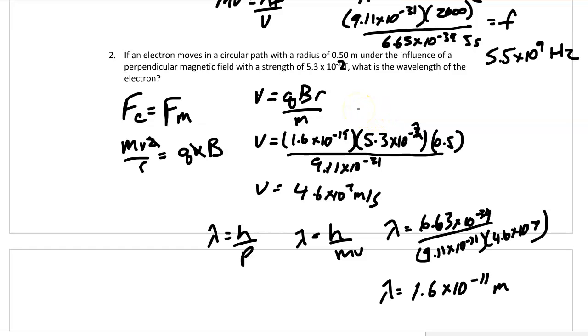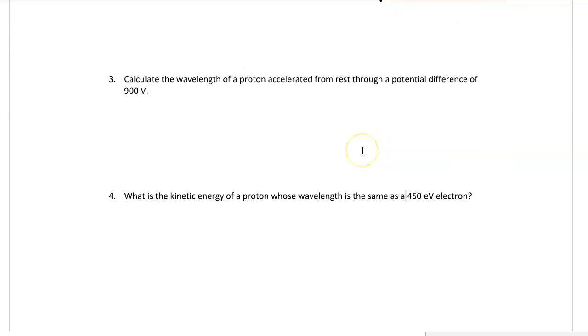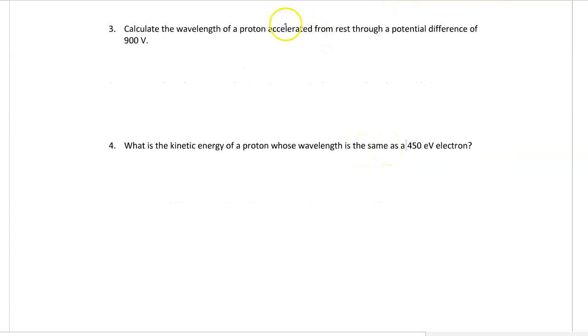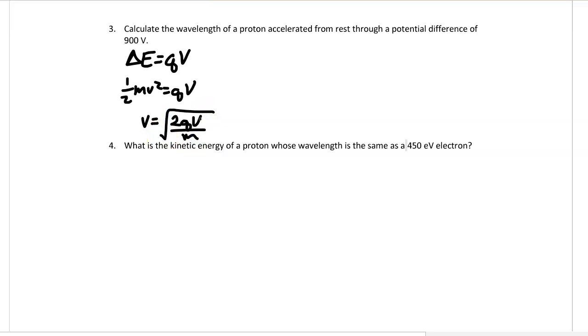Alright, so let's take a look at our third example here. Calculate the wavelength of a proton accelerated from rest through a potential difference of 900 volts. Well, first of all, we're going to need to figure out what velocity is, and that's by the change in energy, right? Or 1/2 mv squared is equal to q times the voltage, or the velocity is equal to 2qV over m all square rooted.